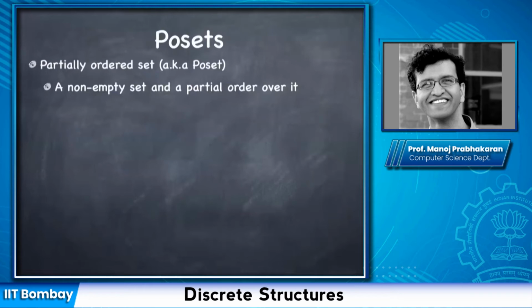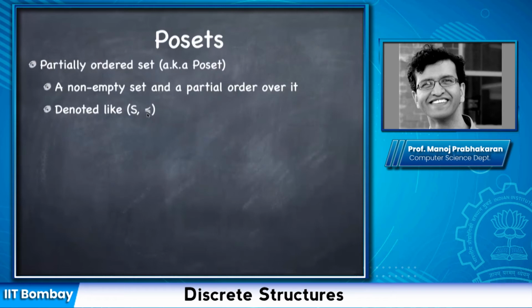So a poset is just a convenient notation for a partial order, the relation, and the ground set on which it is defined. Okay, so technically a poset is a non-empty set and a partial order over that set. So you denote it by something like S comma a symbol for the partial order. So I'd use a symbol that looks like less than or equal to, and I would even often call it less than or equal to.